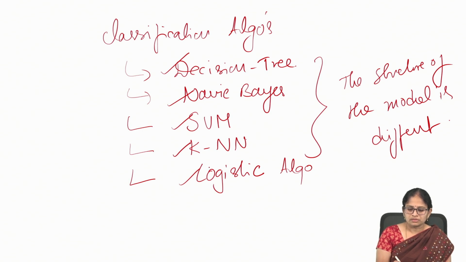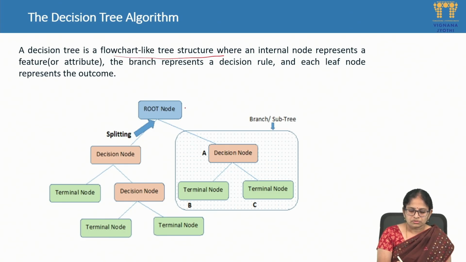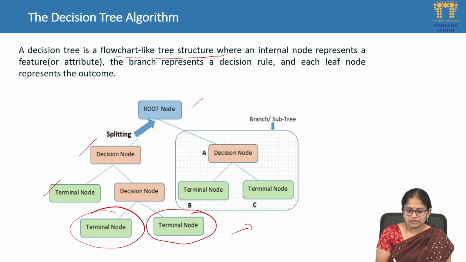Out of all these, the decision tree is the most important one. Let us see the details of the decision tree. As I said, a decision tree is a flowchart-like tree structure where the internal nodes represent the features, the branches represent the decision rules, and each leaf represents the outcome. These are the root nodes in the decision tree, whereas the terminal nodes, also called leaf nodes, are the class labels.